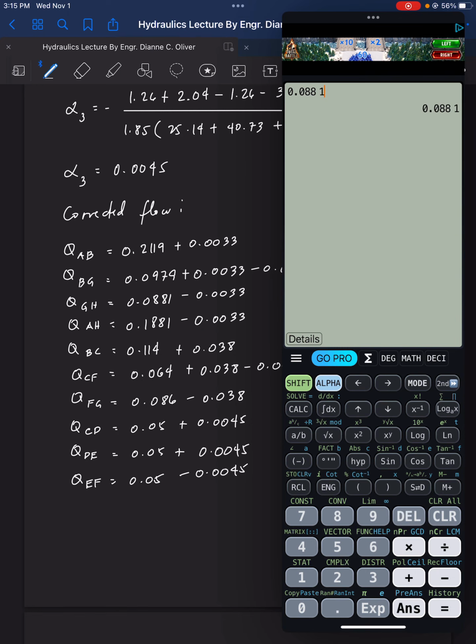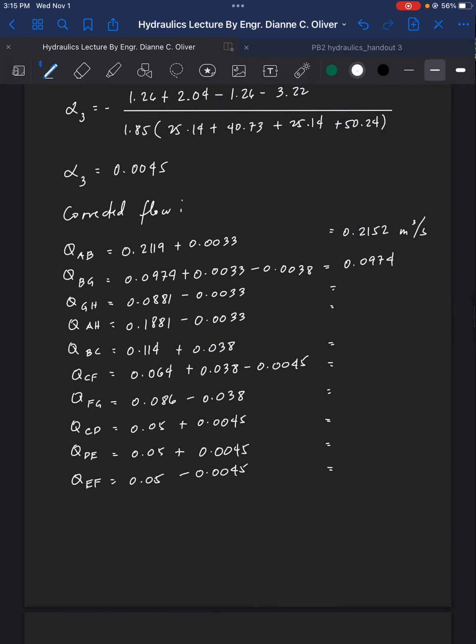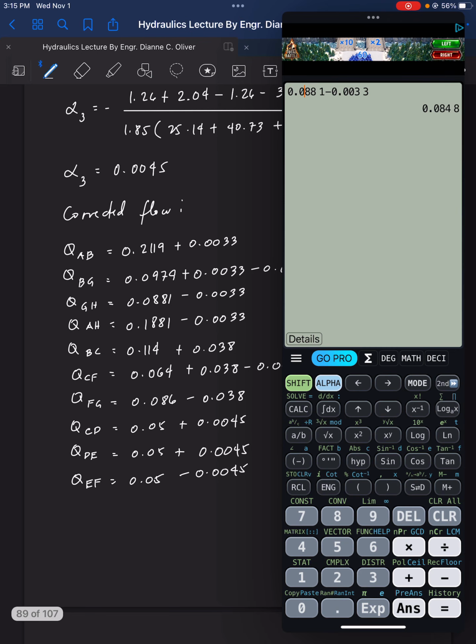Then 0.0881 minus 0.0033, so 0.0848. Then 0.1848.